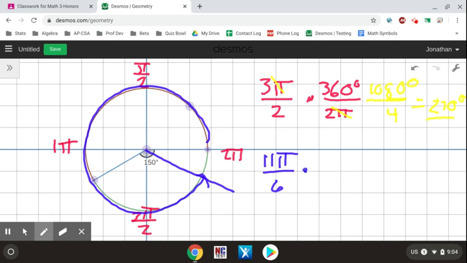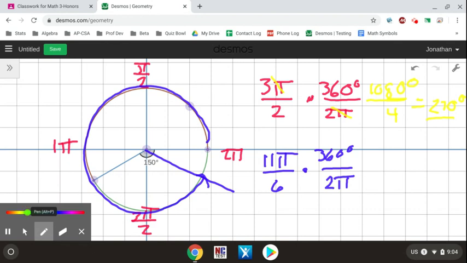To figure it out exactly, remember, whatever I'm canceling out goes in the denominator. So since I'm starting in radians, I need to cancel out radians, so I put radians in the denominator. Hopefully this is similar to what you might have talked about in some of your science classes. Put 360 in your numerator, since 2 pi radians is 360 degrees. I can cancel the pi's, and then I'm going to go ahead and reduce the 6 just because I can. So I have 11 times 60.